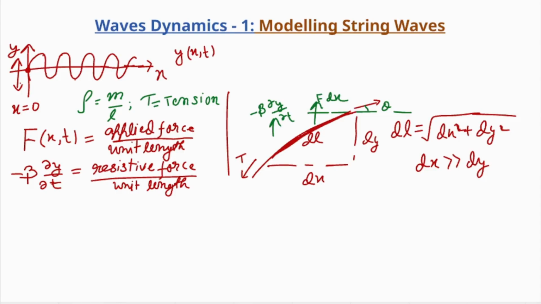I hope it is clear, and thus the angle that this portion of the string makes, theta, is the same as this thing, and so theta must be less than 4 degrees, the small angle approximation.